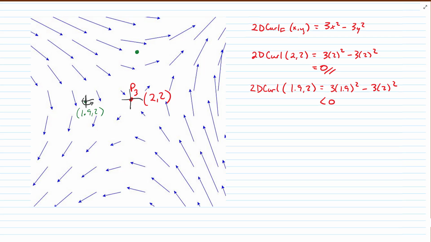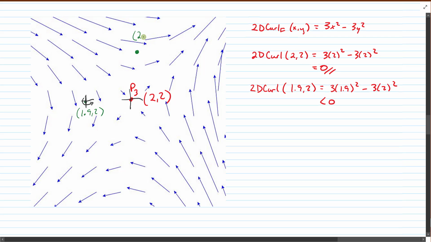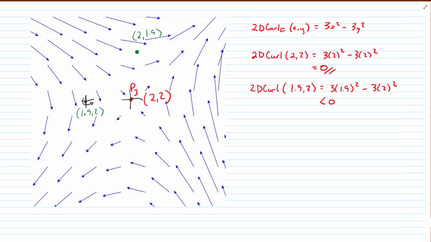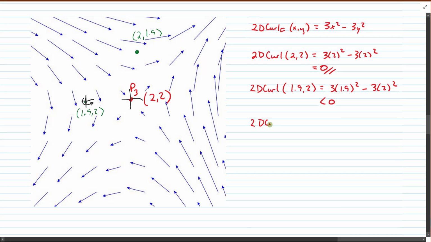Instead, if we were to look at this point right here, which maybe we would think of as the point 2, 1.9, I think you see what's going to happen. So if we did the 2D curl of f at this point, that would be 2, 1.9, but I think we can answer the question here.